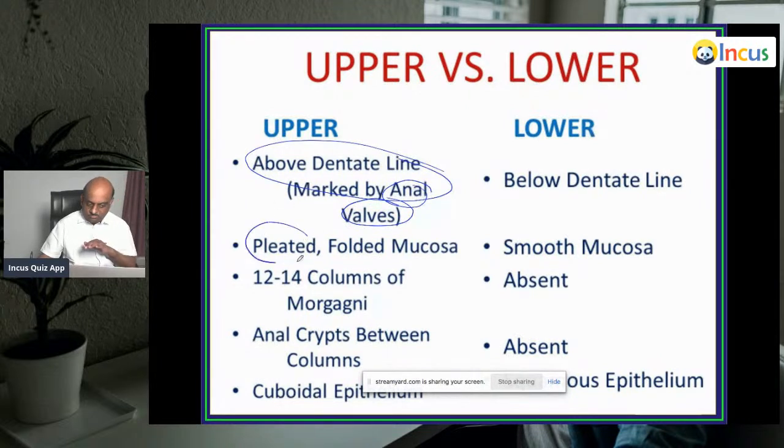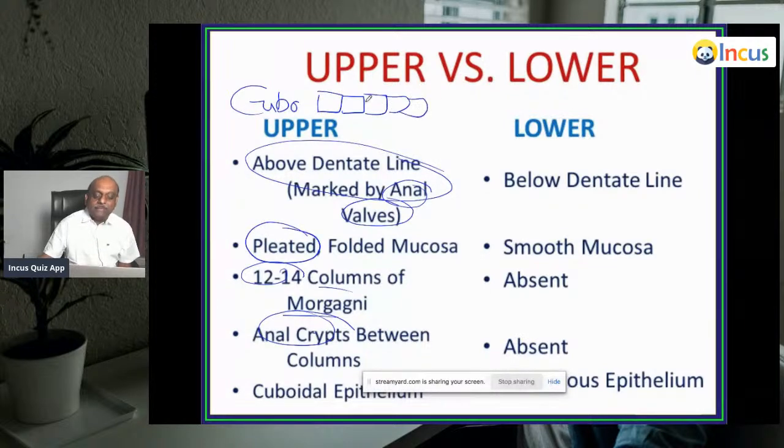The entire mucosa is folded, pleated, 12 to 14 columns of Morgagni. Between the columns, you have the anal crypts, cuboidal epithelium, ice cubes, hai na? Cuboidal epithelium that is above the dentate line.